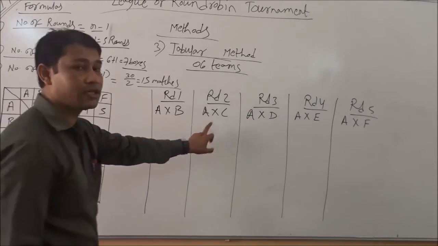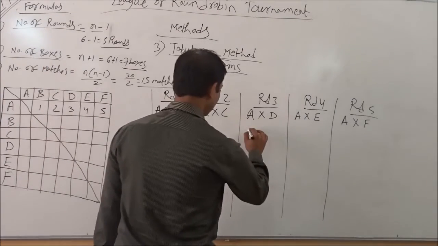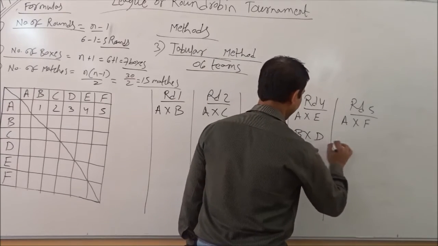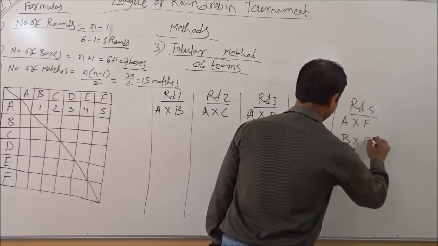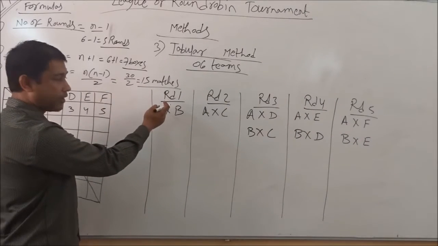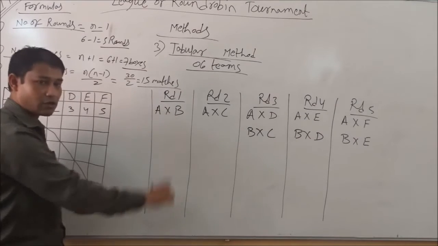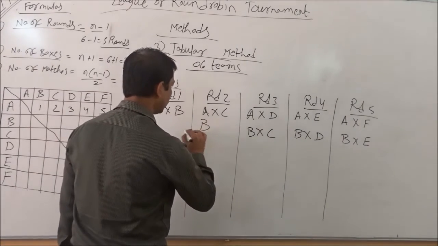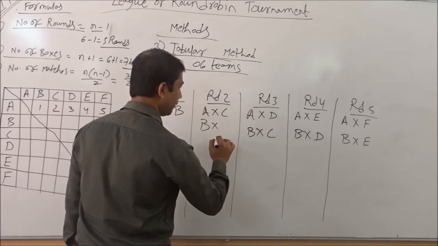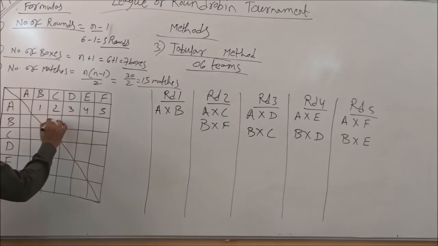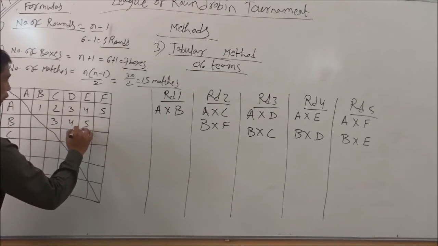We have skipped round number 2 in between. B is playing with C, B is playing with D, B is playing with E. Move again to round number 1. Now here B has already played, so we cannot place B here again. Move to round 2. B is playing with F. So just put up the numbers 3, 4, 5 and 2.